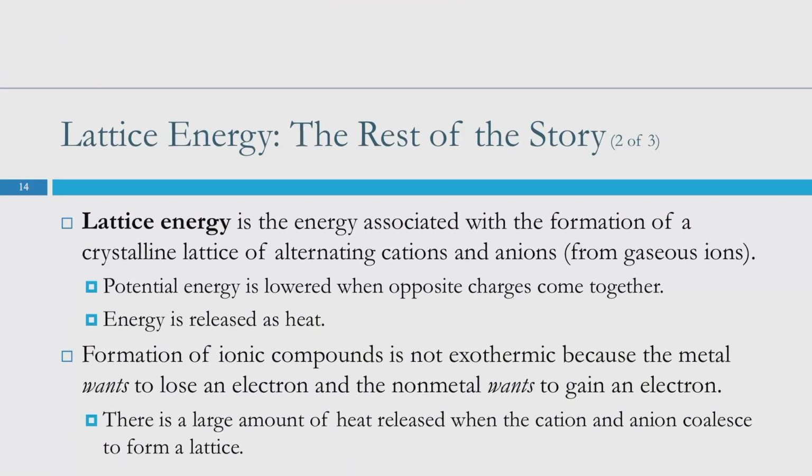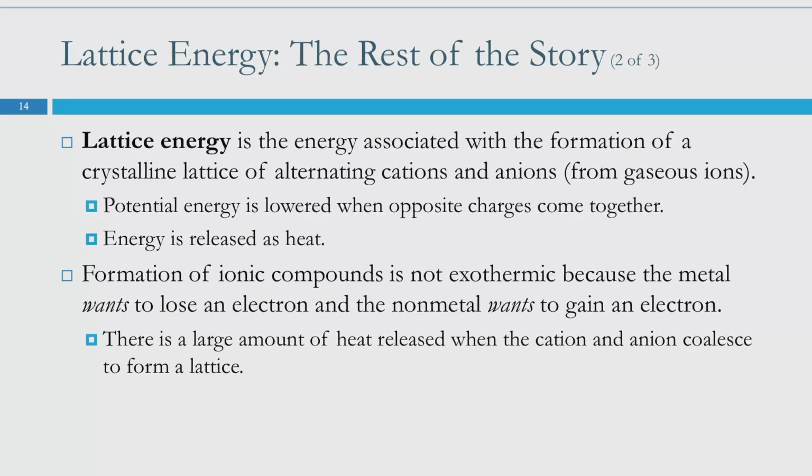It's the lattice energy. So the lattice energy is the energy associated with the formation of a crystalline lattice. A lattice is like a repeating grid or framework of, in this case, cations and anions. We'll see some images, I think, of those in the next couple slides.